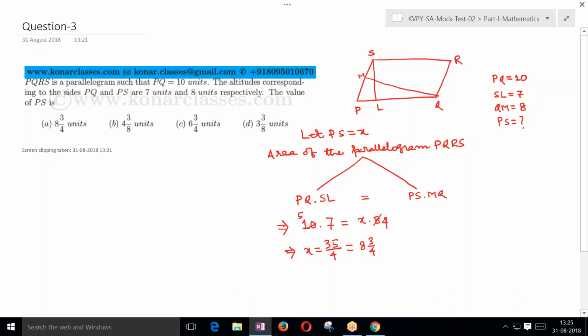So we get the correct option as A. This is the correct option we are getting.